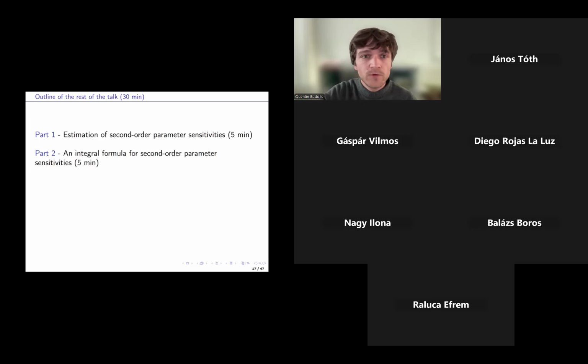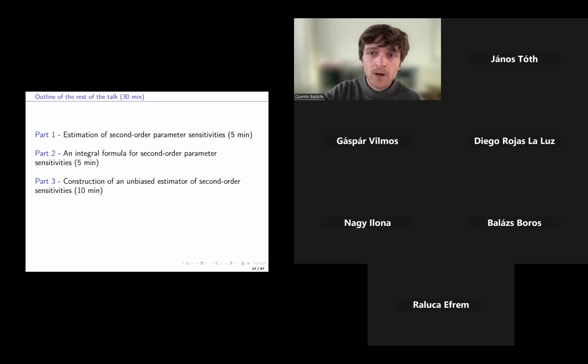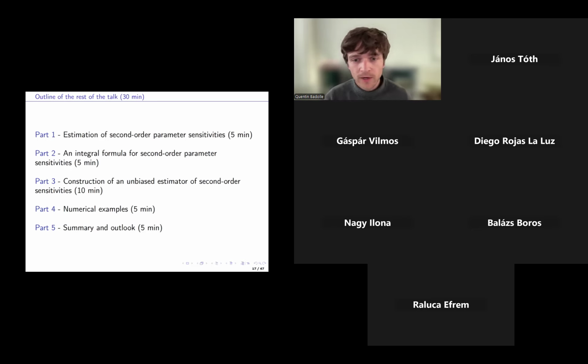Then I will present an integral formula for second-order parameter sensitivities. In the third part, I will explain how to construct an unbiased estimator of second-order sensitivities from the integral formula. Then I will exemplify the algorithm and the unbiased estimator introduced in the previous part through numerical examples. And then I'm going to give you a brief summary and outlook.